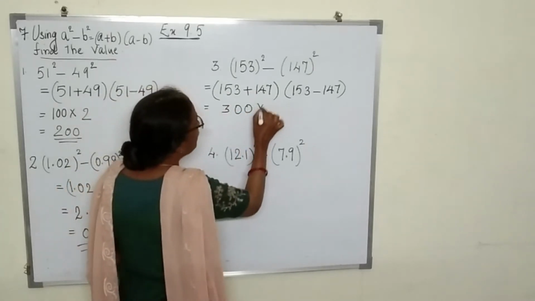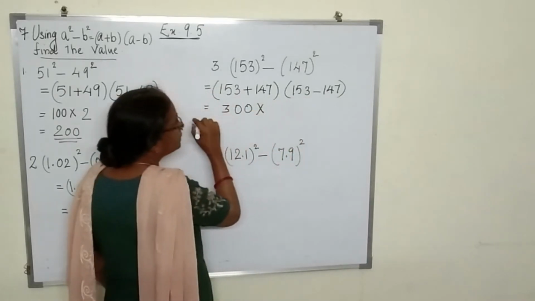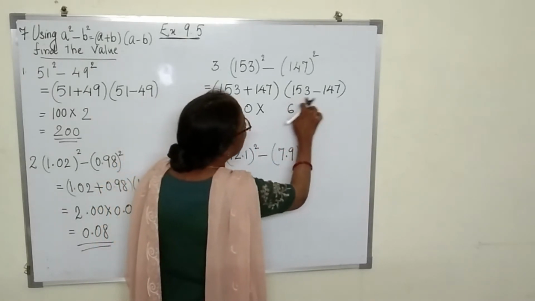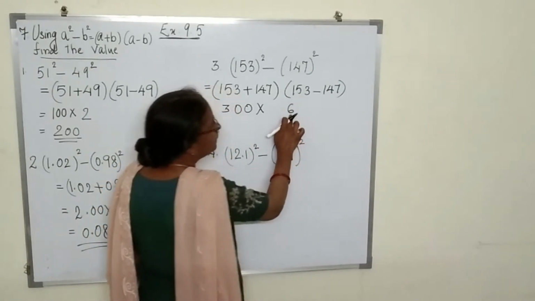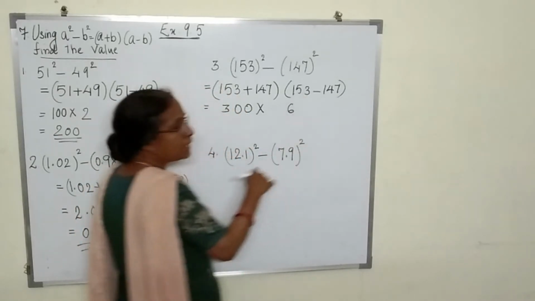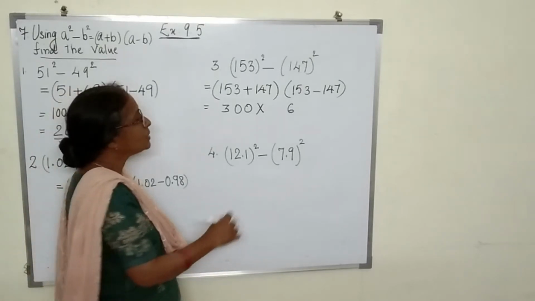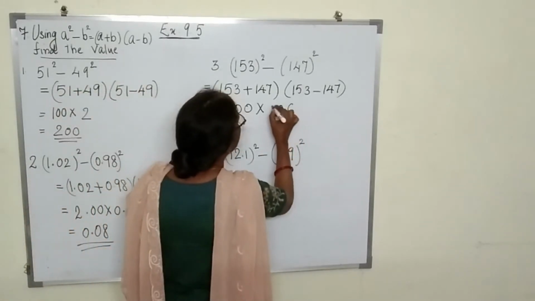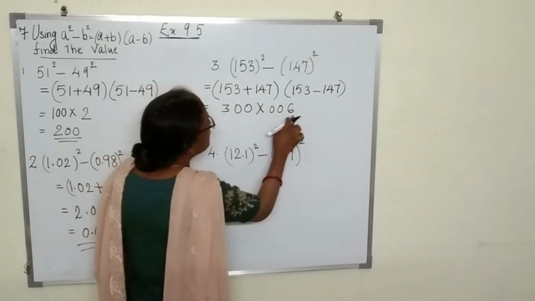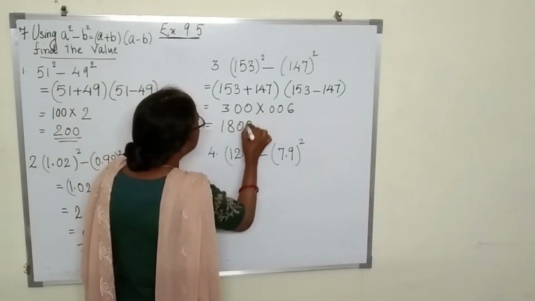That is 300. Multiplied by, subtract: 13 minus 7, that is 6. So 153 minus 147 is equal to 6, and at the back you will get 0, 0 only. When you multiply, 3 sixes are 18, and then 2 zeros.